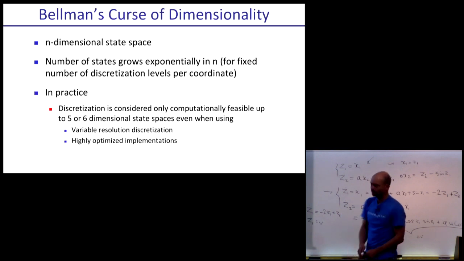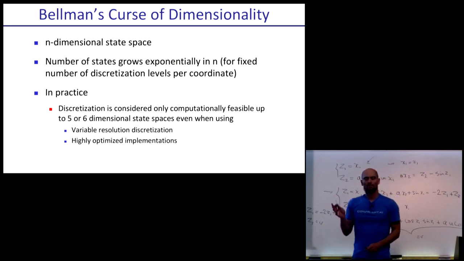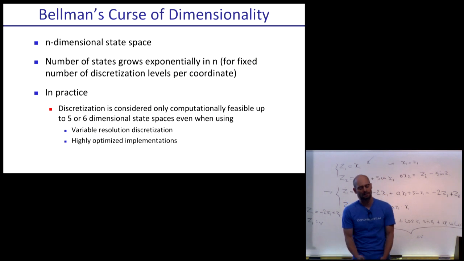So let's reset for a moment. We try to solve optimal control problems in n-dimensional state spaces, and those problems are such that n tends to be higher than we can handle with discretization in many practical scenarios. So what are we going to do? Well, we need to do something else.